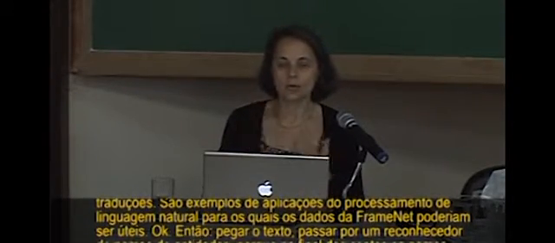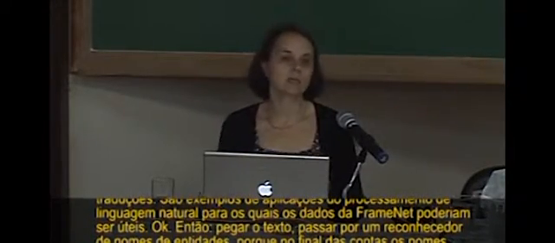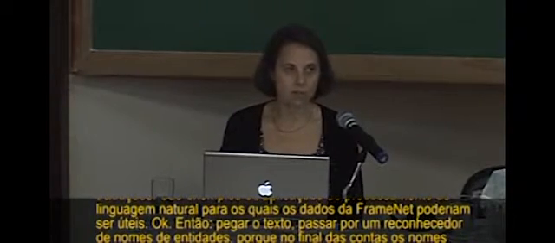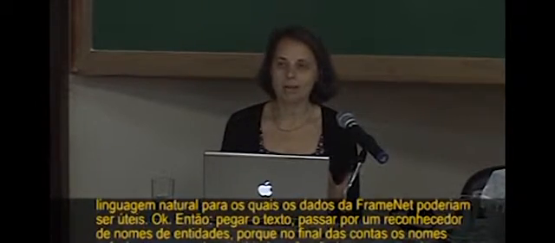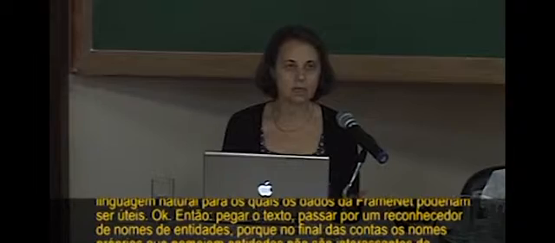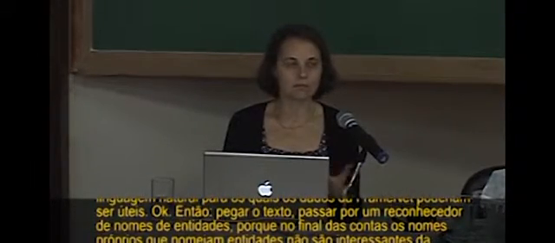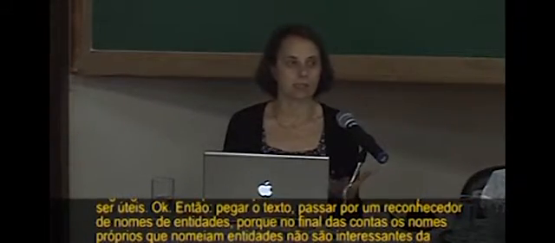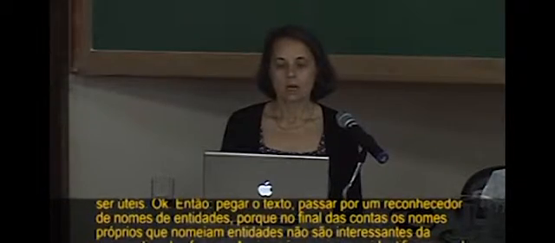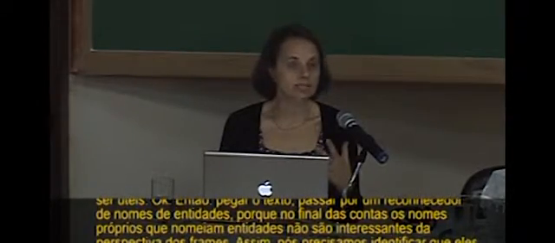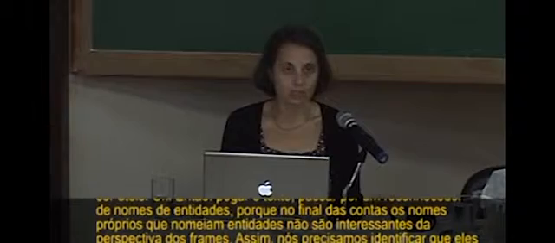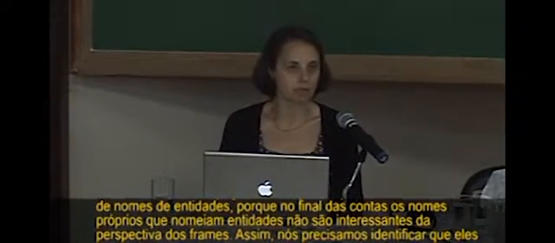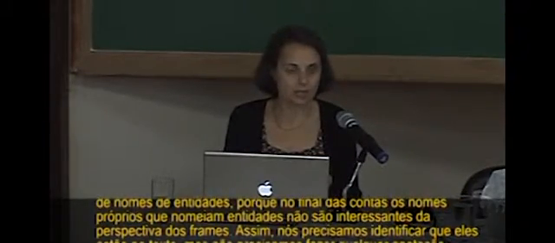Okay, so get the text, run a named entity recognizer, because after all, proper nouns, named entities, are not framily interesting, right? So we need to identify that they're in the text, but we don't need to do any annotation with respect to them.